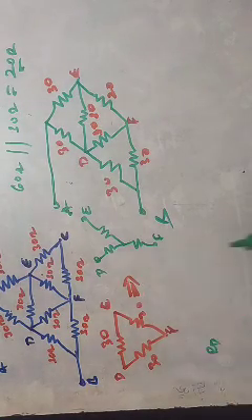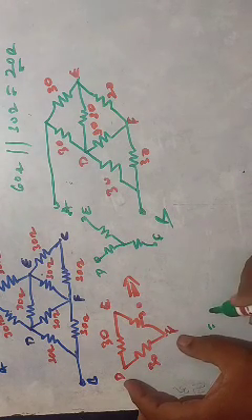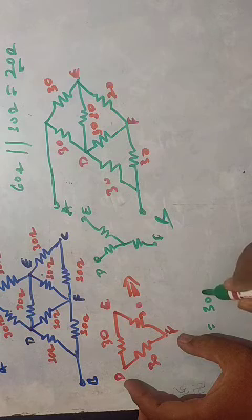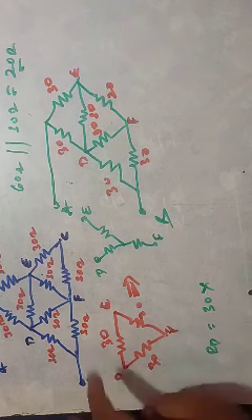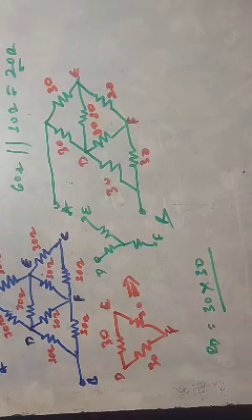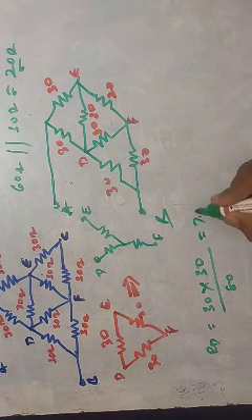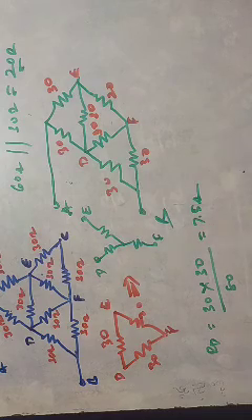RD is equal to RDF, that is 30, into RDE, 30, divided by the sum of these values, that is 30 plus 30 plus 20, which is 80, and the answer is 7.5 ohm.